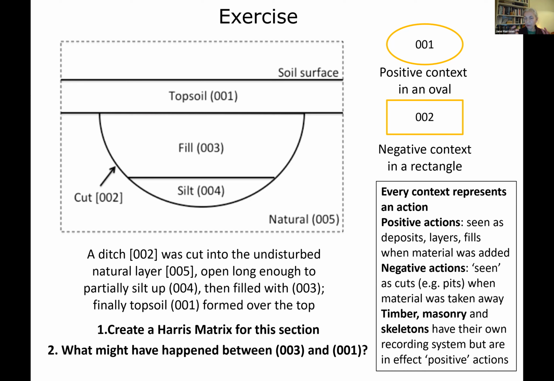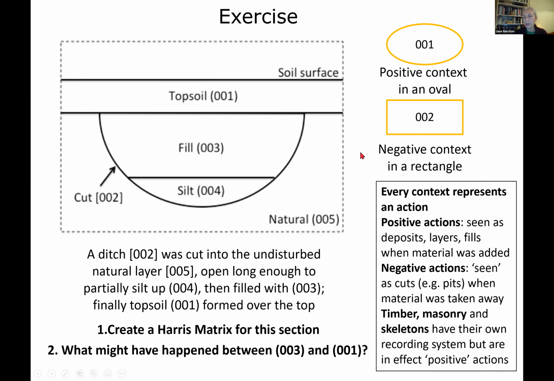It takes away material from the site, but it's got to have a shape. It's got to be described. So it has a context number. Then the ditch begins to silt up naturally, and that's given a number and described. And then it's filled up quickly by people who want to level the site in order to do something else. And then we've got a topsoil forming on top.